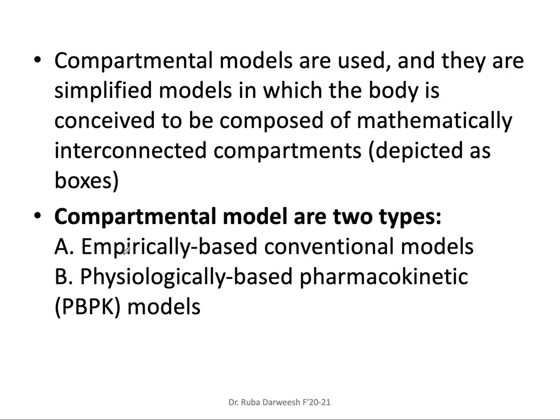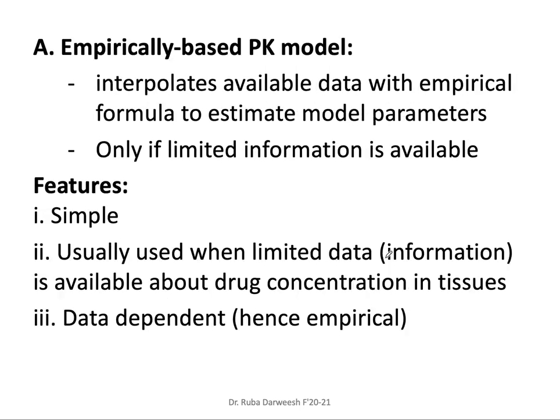We mentioned that the empirical conventional model is simple. It depends on the data that you have. Usually we use it when we can do much of experiment and we can take tissue related information and samples, and usually it's data dependent, because that's why we call it empirical, because it depends on the experiment that we are doing.